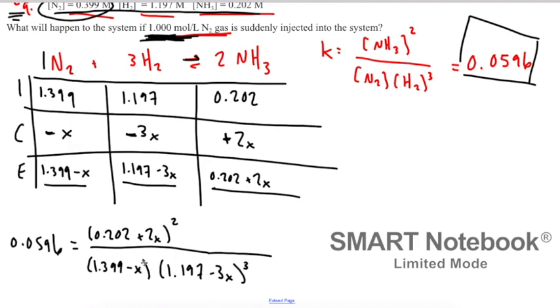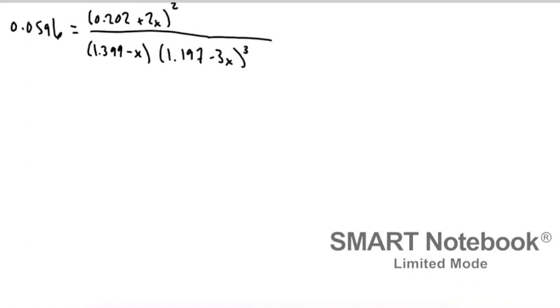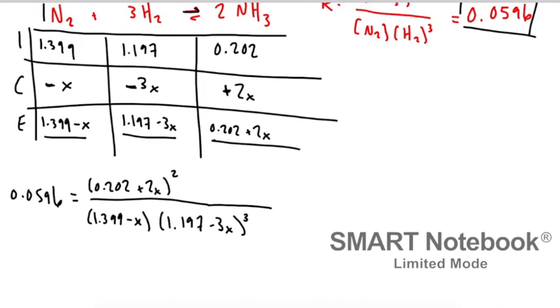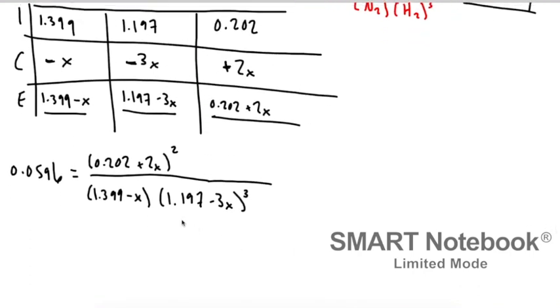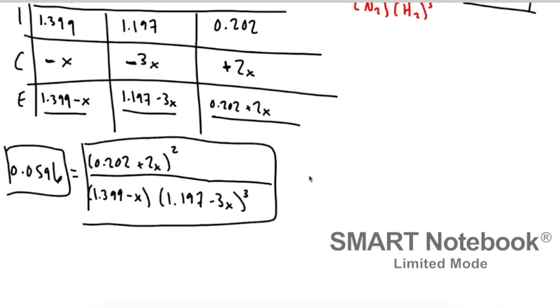If you see this, I'm going to have an x to the fourth down here, so I can't use the quadratic formula. I pretty much have no other choice but to use my graphing calculator. Here's what I would do if I were you. Two things. I would graph this in one y equals, graph this in another y equals, and then go to calc and intersect to find where those two functions intersect each other.